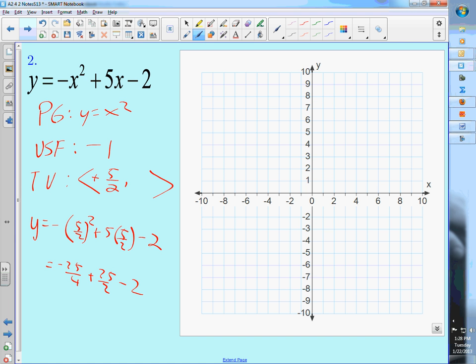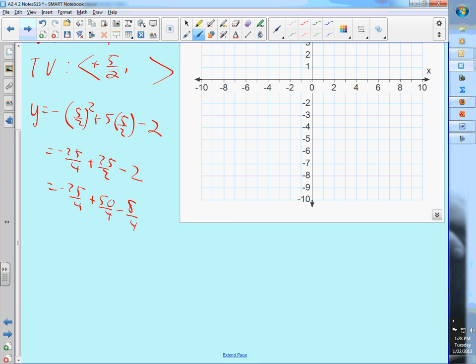So the numbers are just not conducive to nice, simple graphs. So negative 25 over 4 plus 50 over 4 minus 8 over 4. So you're going to end up with, looks like 17.